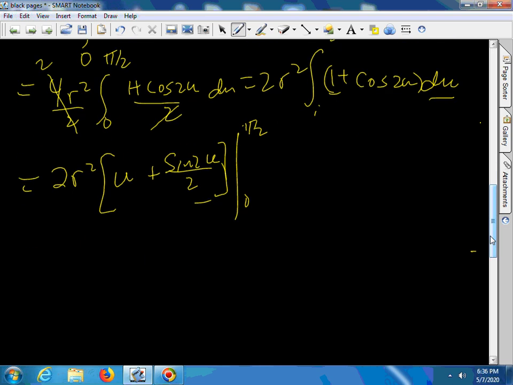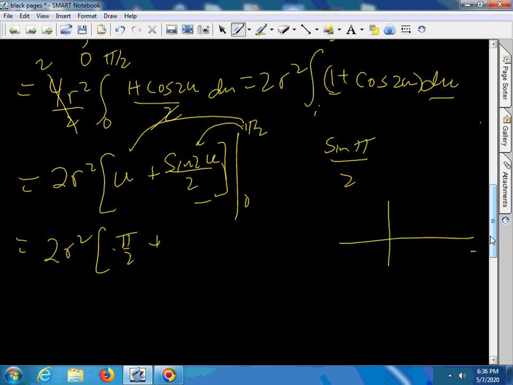Okay. So this is equal to 2r squared. U is pi over 2 plus the sine of 2 times pi over 2, over 2. Well, there's the over 2. 2 times pi over 2 is pi.